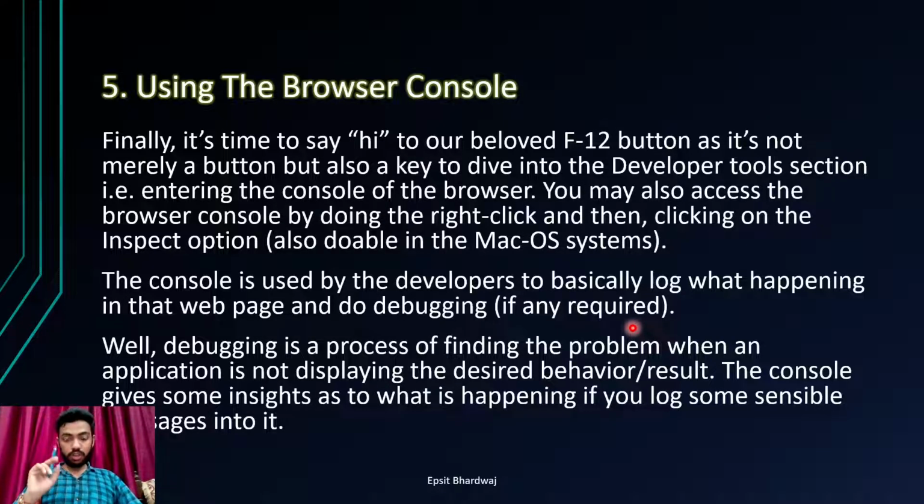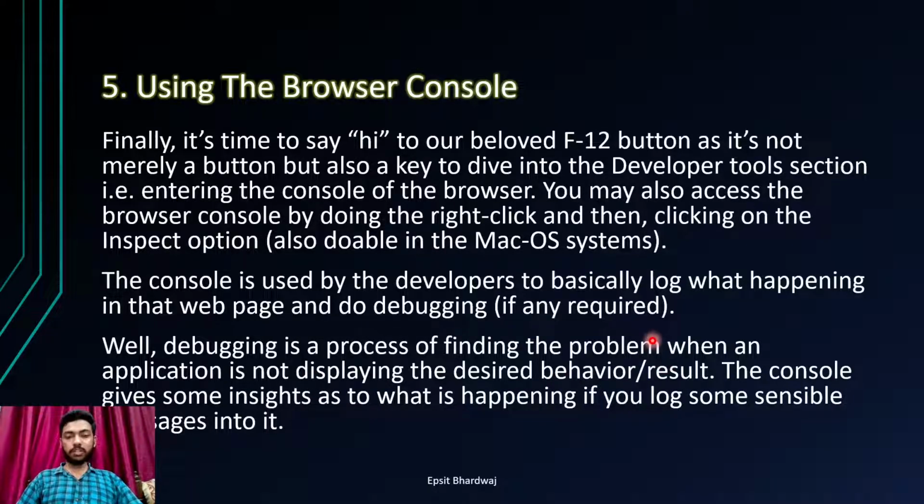This console is used by developers to log what's happening on that web page and do debugging if required. Well, it's now time to understand what debugging is. Debugging is the process of finding the problem when an application is not displaying the desired behavior or result.